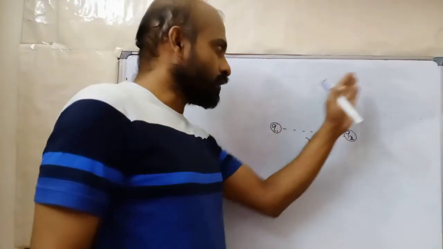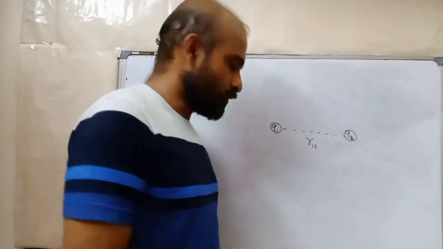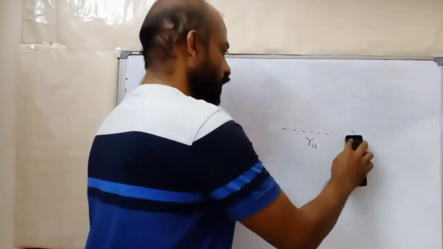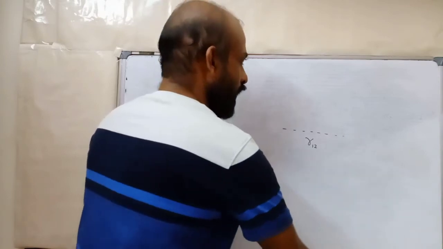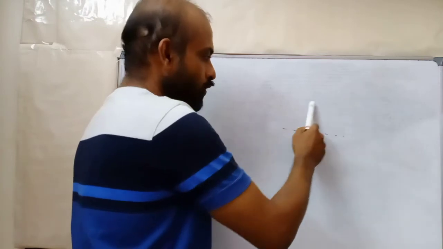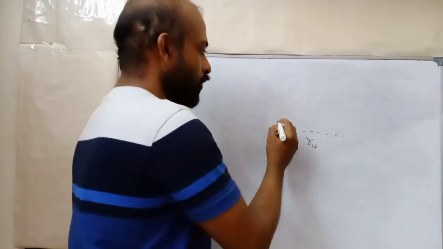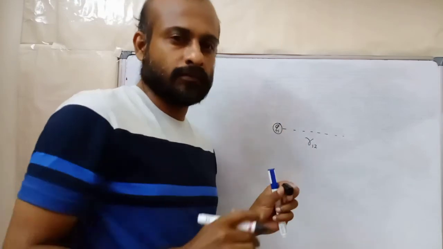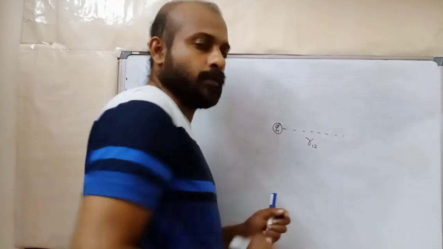Now we are bringing the charges from infinity to this point. Initially we don't have the charge Q1 or the charge Q2. I am going to bring the charge from infinity. I am bringing the charge Q1 to this point. Here we don't have any other field. Only we have the charge Q1 here.